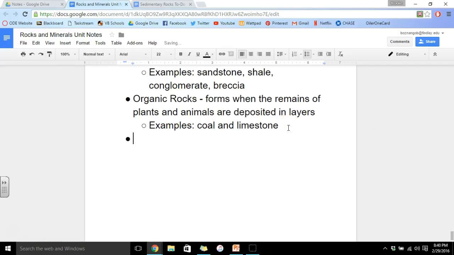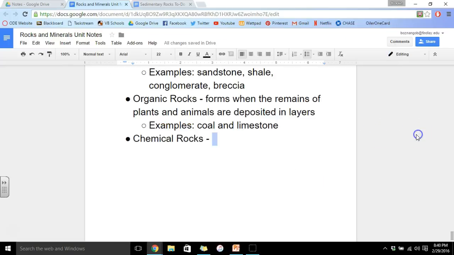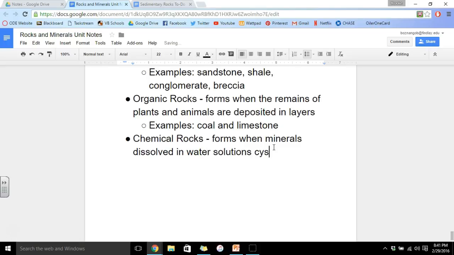Alright, so then the last type is chemical rocks. And the book said that chemical rock forms when minerals dissolved in water solutions crystallize.